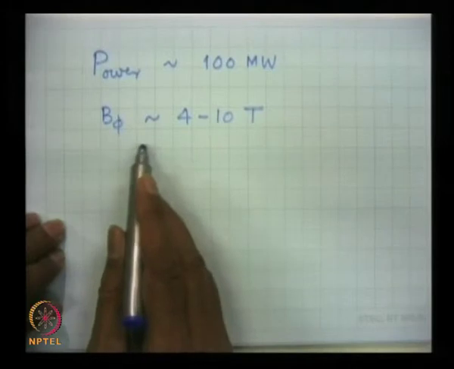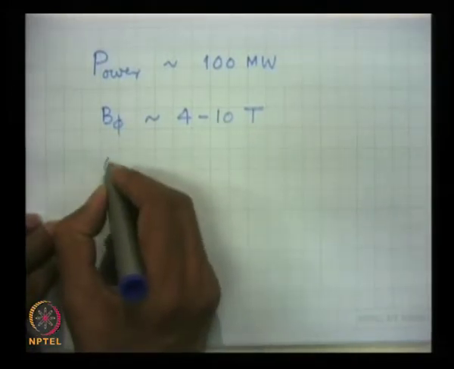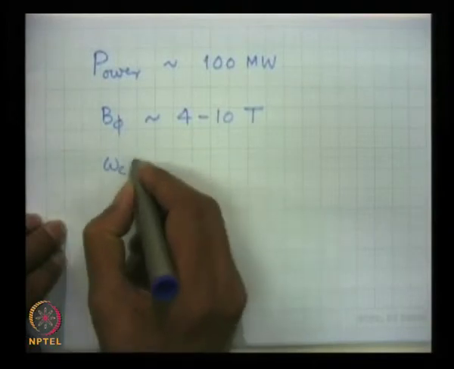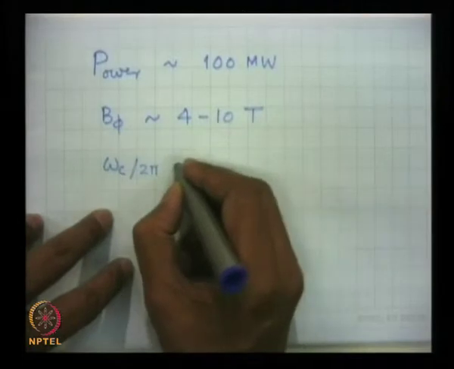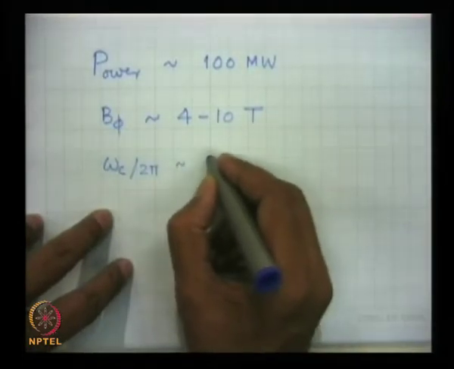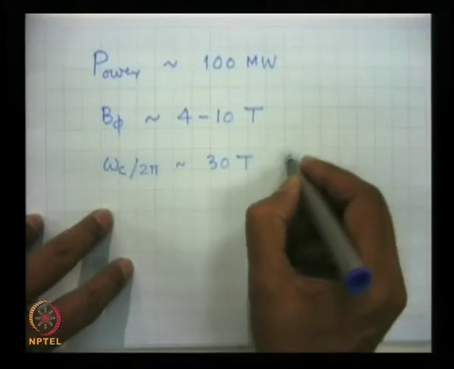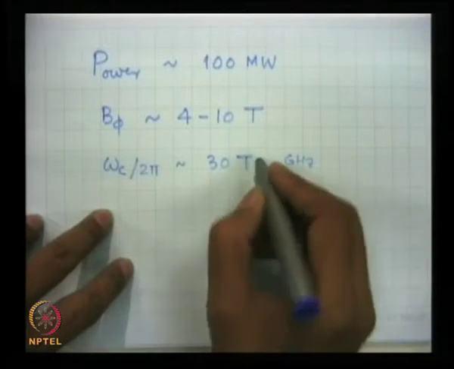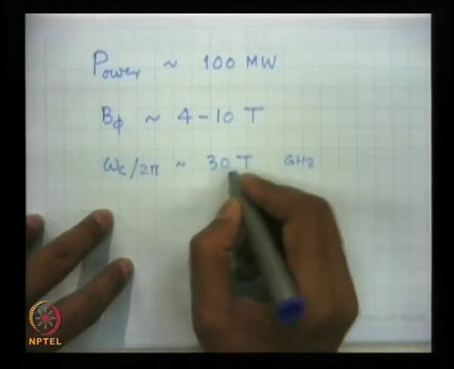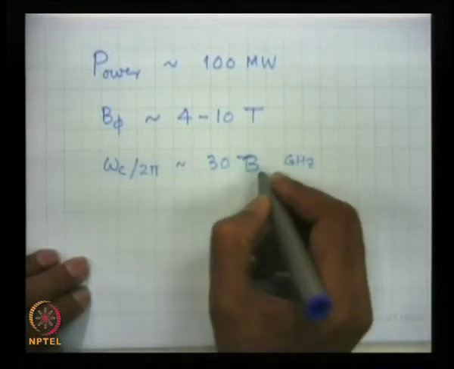The total magnetic field in the system is around this, and this corresponds to an electron cyclotron frequency omega c upon 2 pi, in Hertz, of around 30 B phi gigahertz.